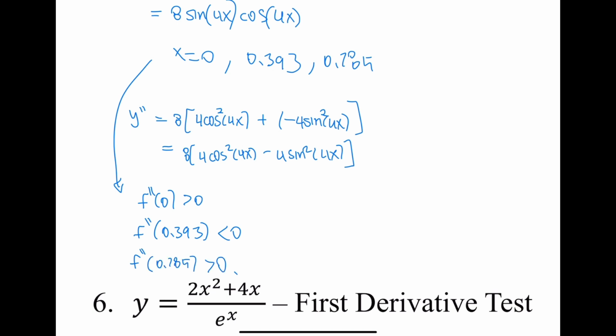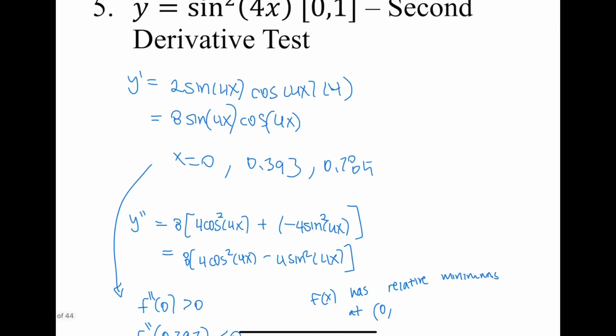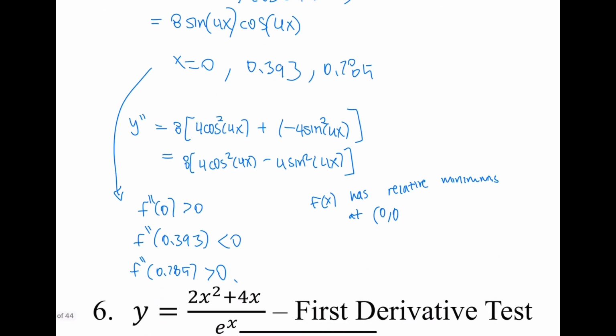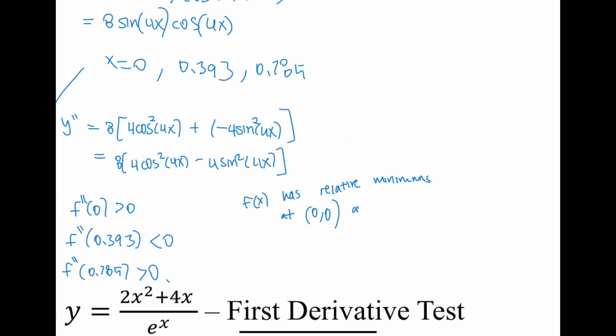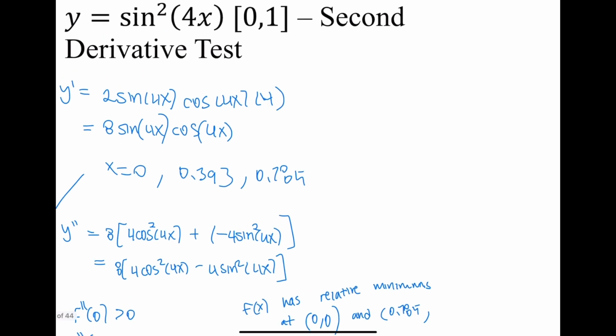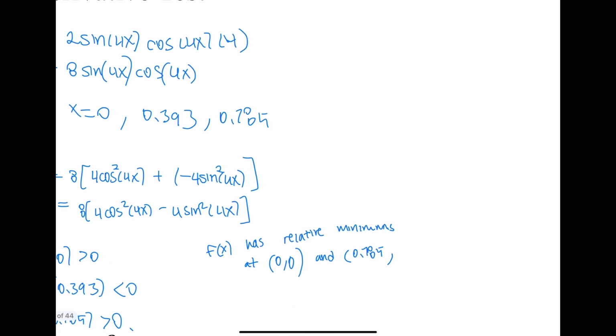Okay, so I'm going to say f of x has relative minimums at (0, 0) and at 0.785, and that would be a quite small number, 2.537 times 10 to the negative 6.